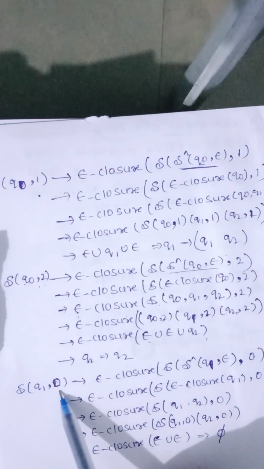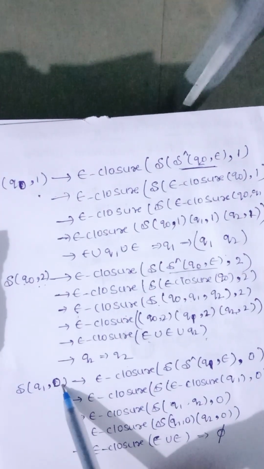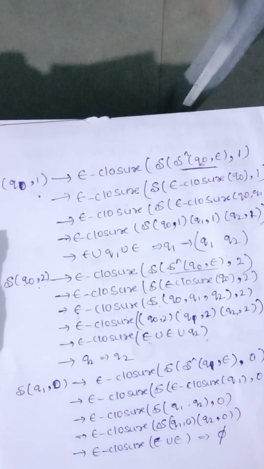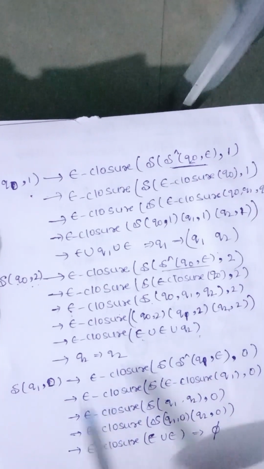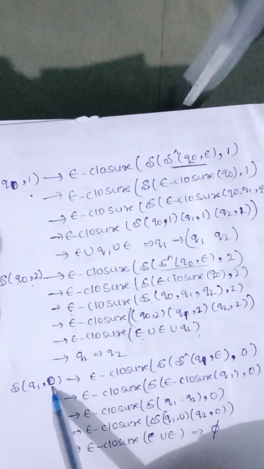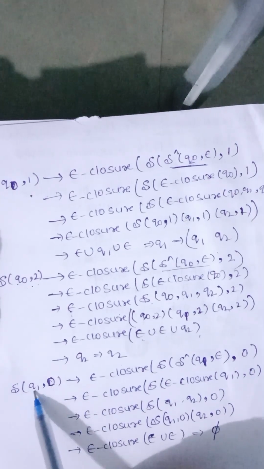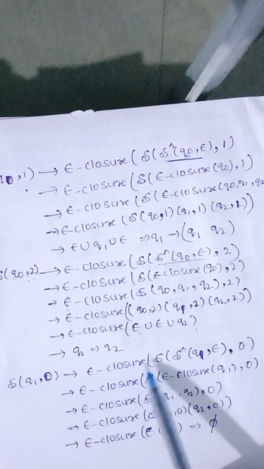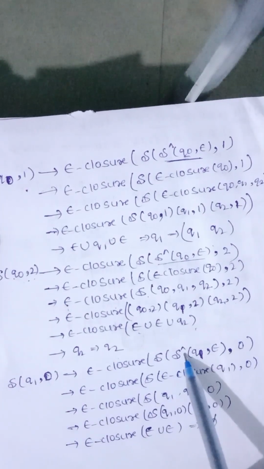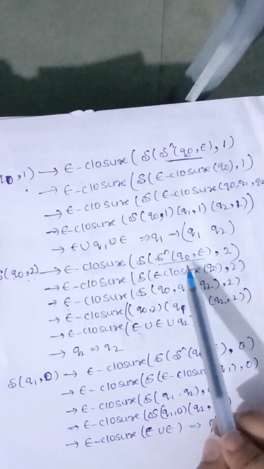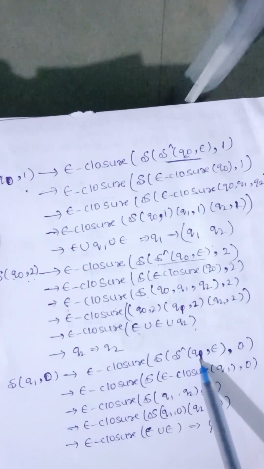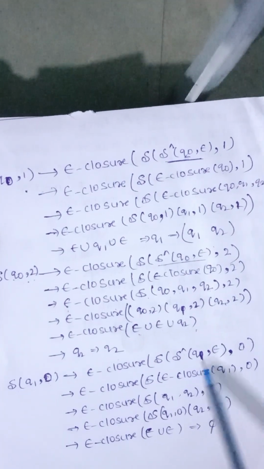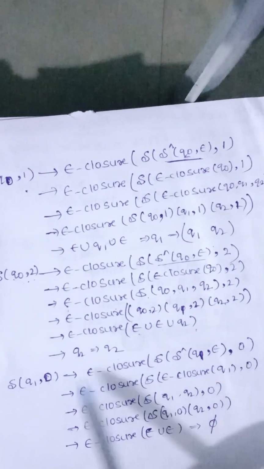Now we will check q1 with input 0. For everyone the same process applies. We just check with q1 and input 0. Next q1 with 1, q1 with 2. For q1 comma 0, epsilon closure of delta cap of q1, here we write q1 epsilon and the input is 0.